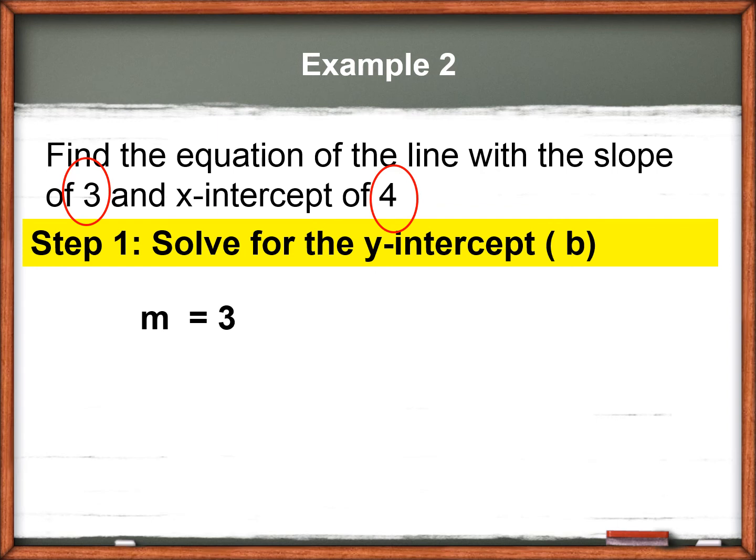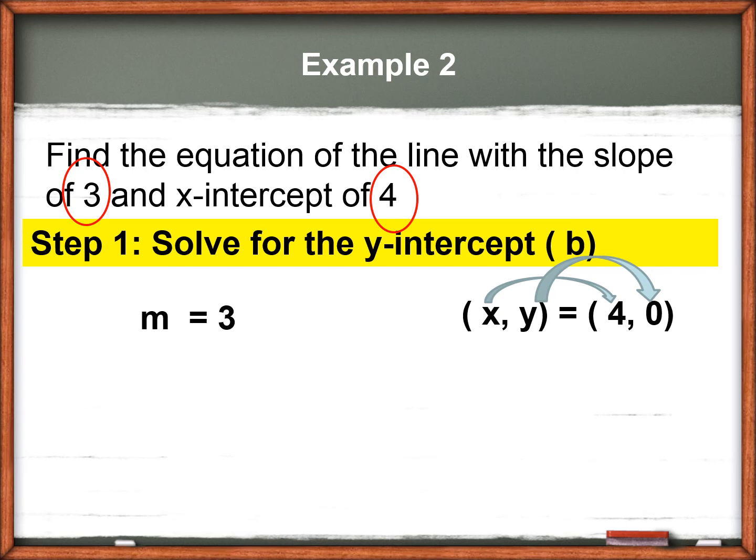Our x-intercept is 4. But we can represent it as a coordinate. So (x, y) is equal to (4, 0). Our x is 4. Our y is 0.